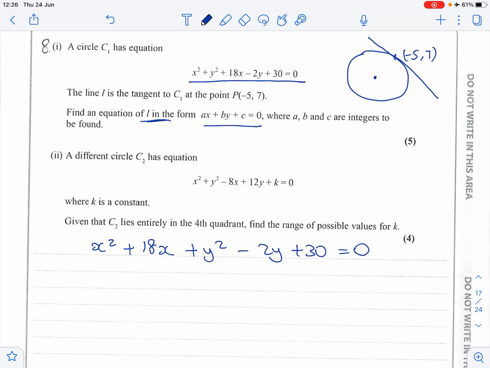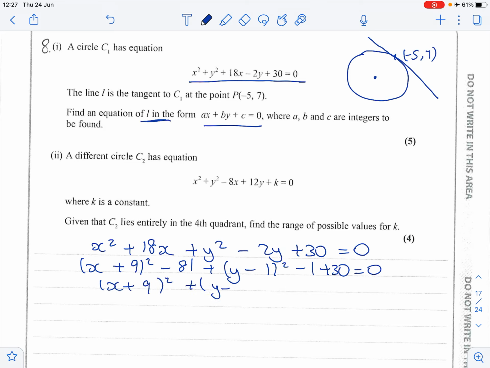I have (x plus 9) squared minus 81 plus (y minus 1) squared minus 1 plus 30 equals 0. Remember, we can put our equation in this format to give us the center of the circle, which is equal to 52. Therefore, we know that the center of the circle is (-9, 1).